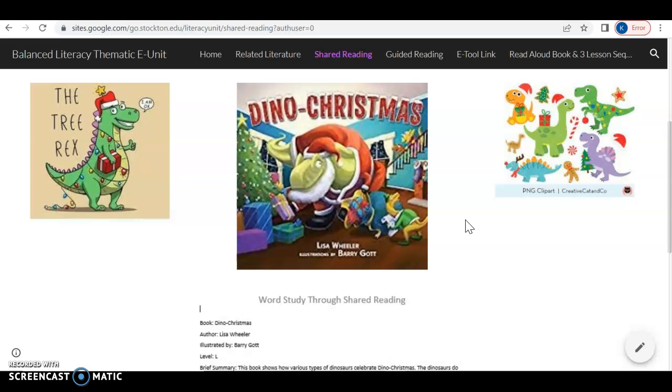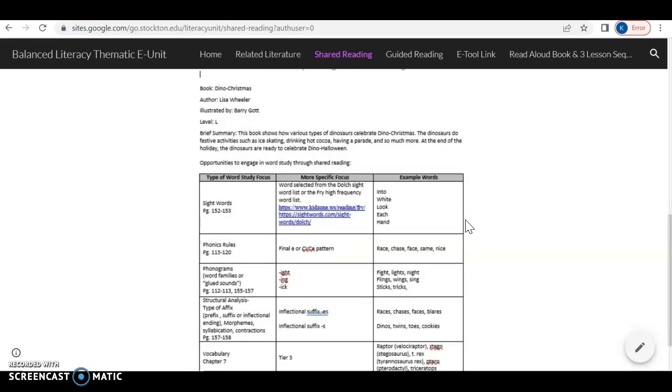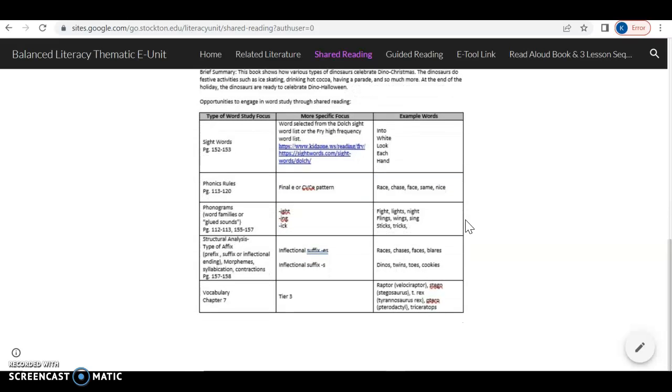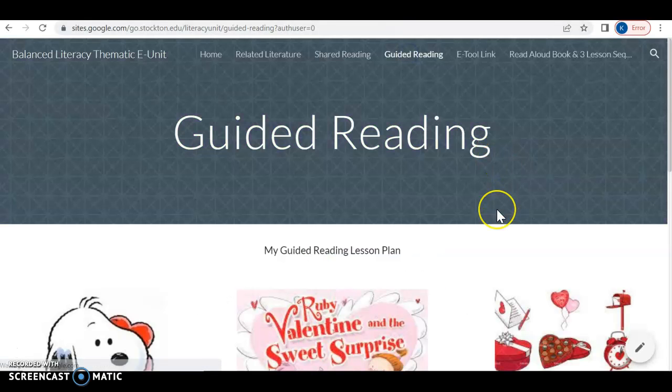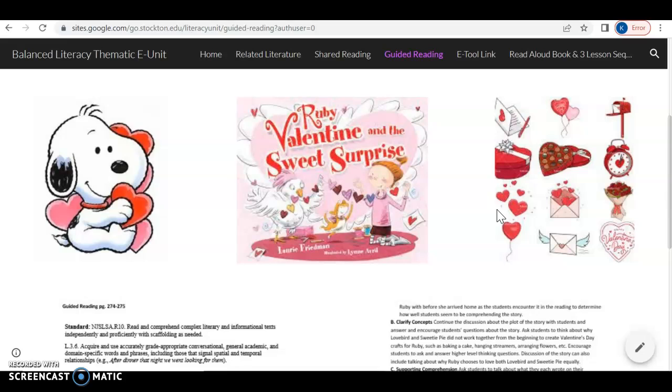Students will learn fluency skills such as recognizing and reading specific sight words, phonics rules like the final E or CVCE pattern, recognizing and reading specific phonograms, recognizing and reading certain suffixes, and developing Tier 3 vocabulary words related to species of dinosaurs.